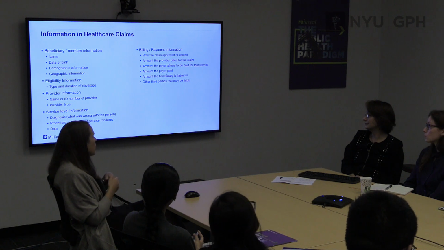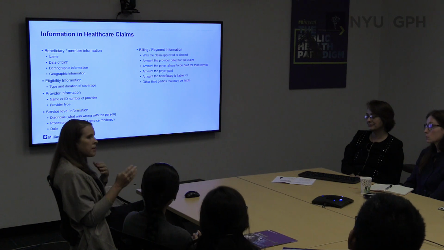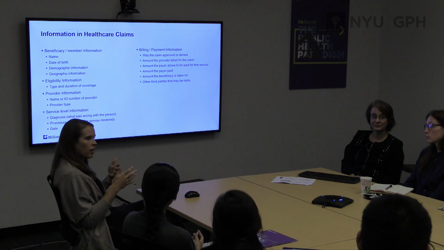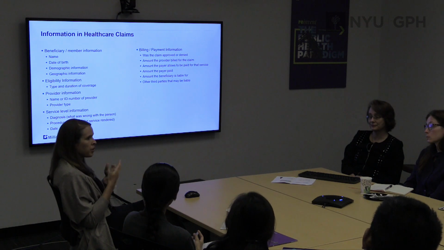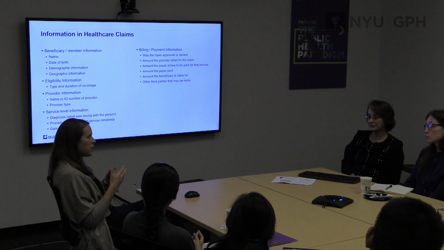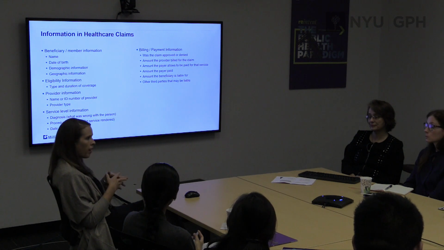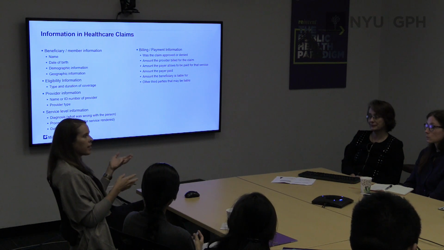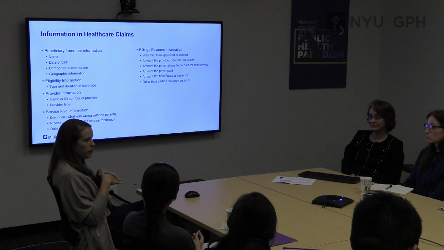And then there's also this third-party liability issue. So sometimes people will have more than one insurance, and depending on the insurer, they might keep track of that. Particularly with Medicare, oftentimes people will have secondary coverage, like a Medigap plan, so a different plan that they pay for that covers their liability amounts, their deductibles and coinsurance.